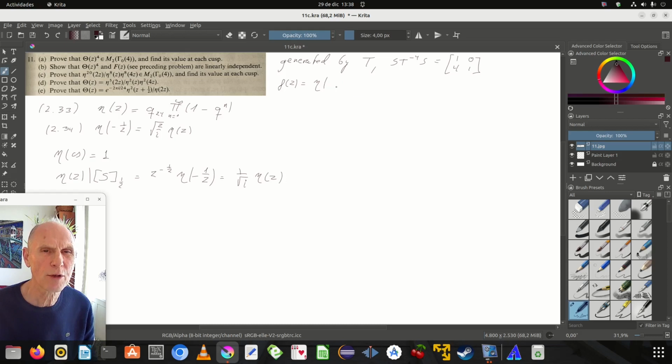K is perhaps not the best choice. LZ, where L is 2 or 4. Of course, it's invariant by T, so it's only this one that matters. Or should we? I think we should try to apply alpha.